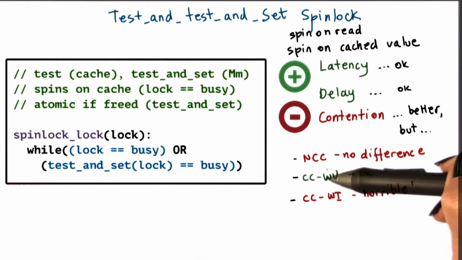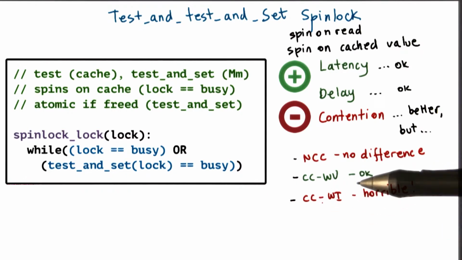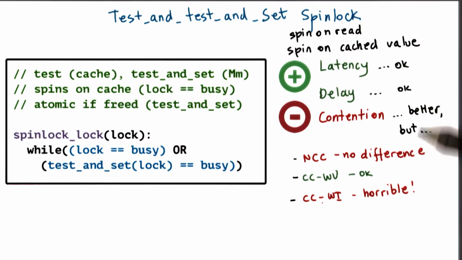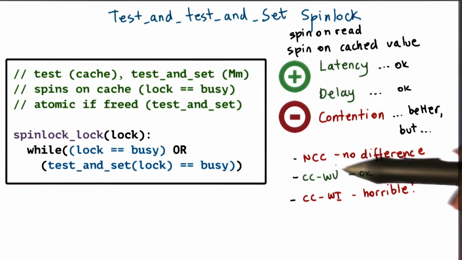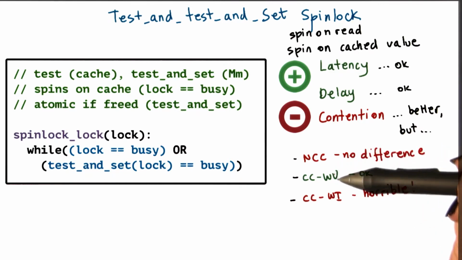If we have a write update situation, that coherence traffic will update the value of the other caches with the new value of the lock. If the lock was busy before the write update event, and if the lock remains busy after the write update event, great, no change whatsoever. That particular CPU can continue spinning on the cached copy.